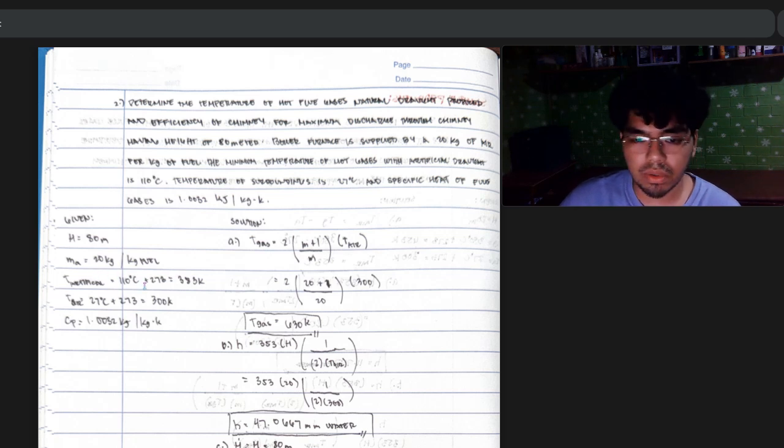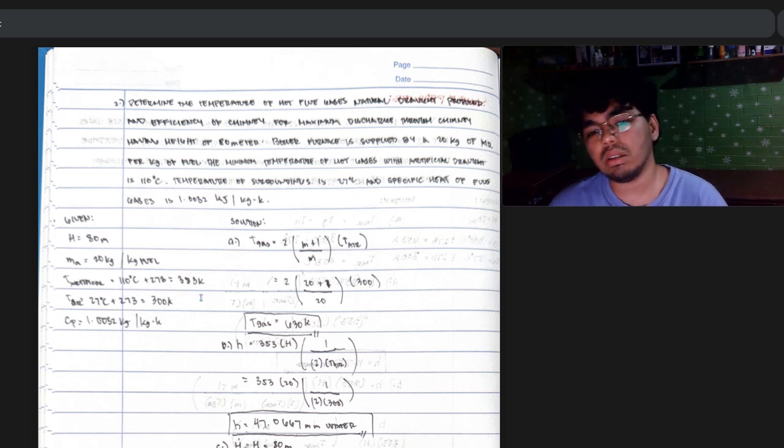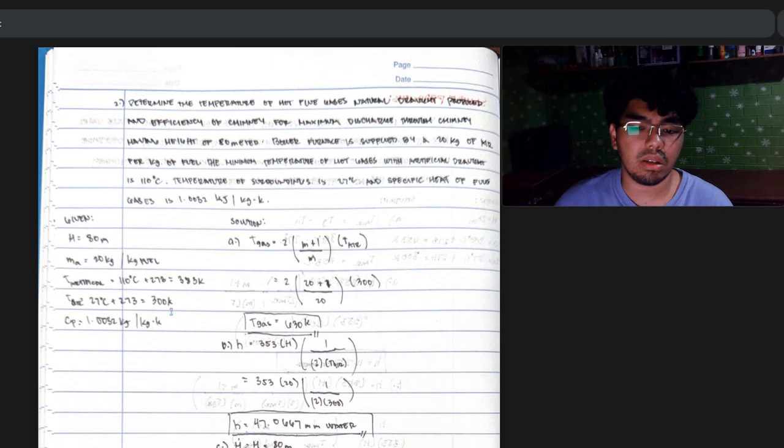The artificial temperature is equivalent to 110 degrees plus 273, so it becomes 383 Kelvin. Same with the air, we just add 273 so it becomes 300 Kelvin. And our given flue gas specific heat is 1.0032 kilojoules per kilogram Kelvin.